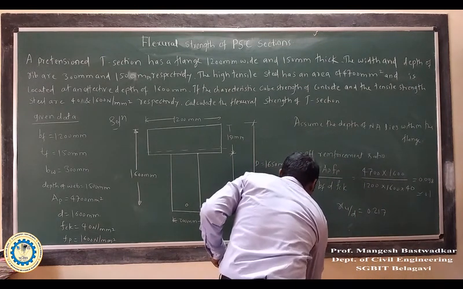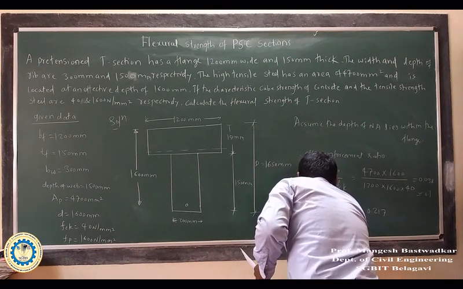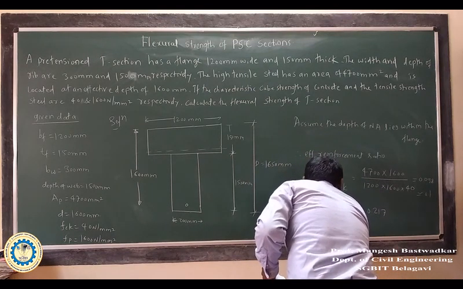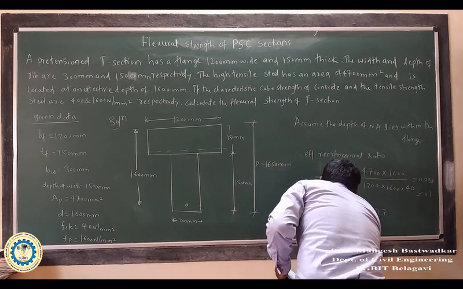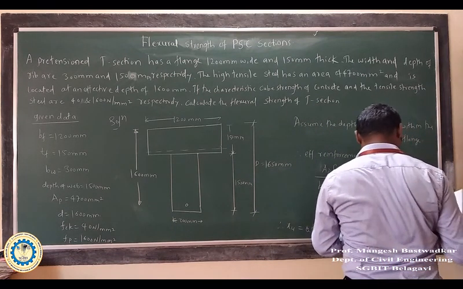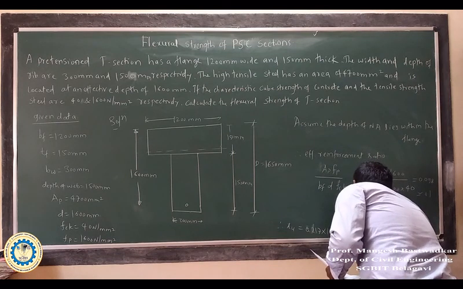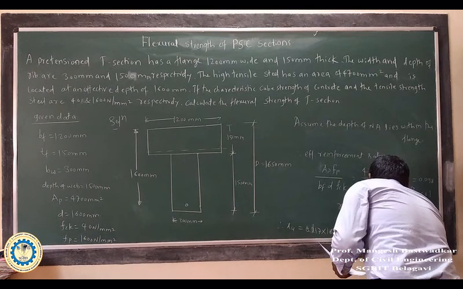Therefore xu is 0.217 into effective depth 1600 mm. So we get this value, 234.9 mm.